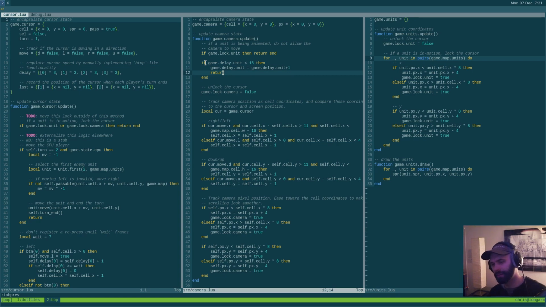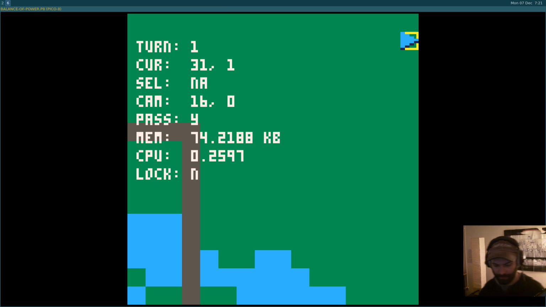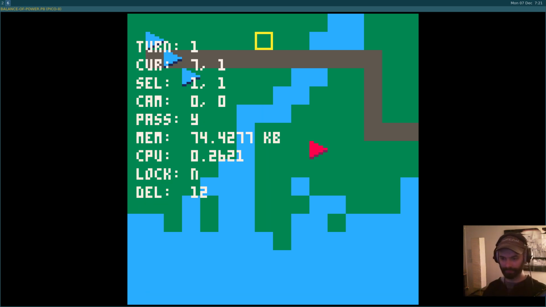Oh, and when we break out of the loop, we gotta reset that value. Let's make this 30 for now too, so we can really see it work, if it works. Okay, right there, that's not what I had in mind.